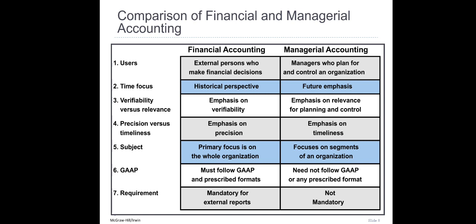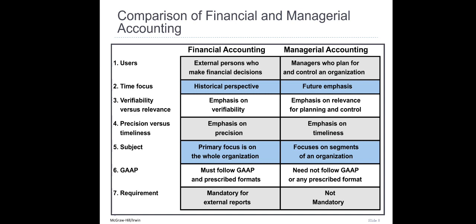A manager has to make business decisions every day, very quickly. So for management accounting, the emphasis is on timeliness. The management accountant has to calculate costs quickly, prepare budgets quickly, etc.